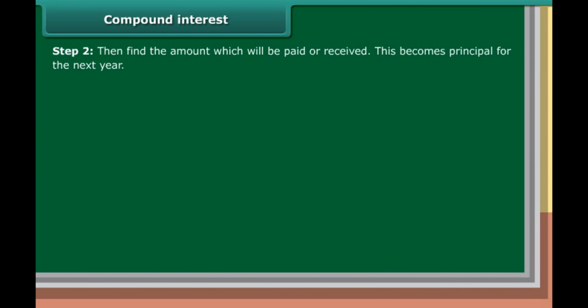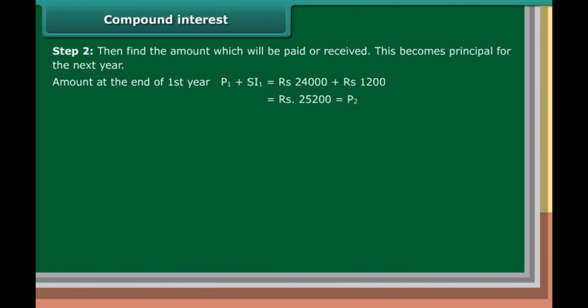Then find the amount which will be paid or received. This becomes the principal for the next year. Amount at the end of first year is equal to P1 plus SI1, which is equal to rupees 24,000 plus rupees 1200, which is equal to rupees 25,200, which is equal to P2.